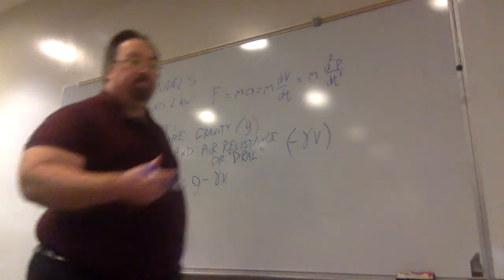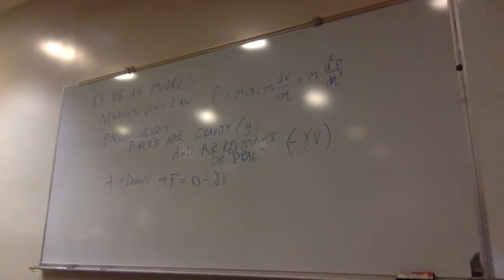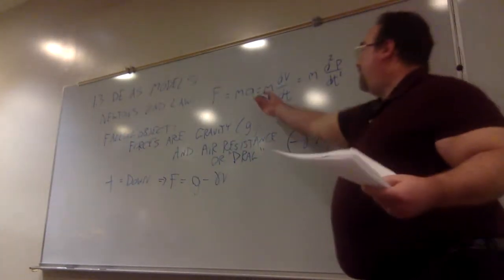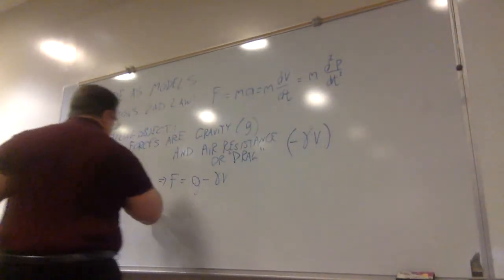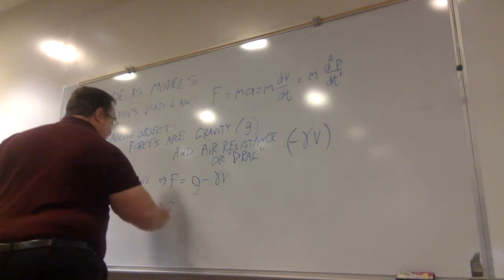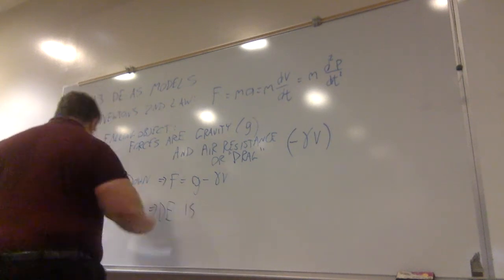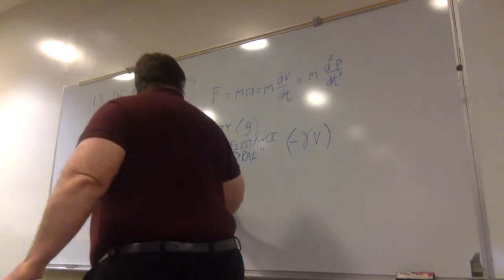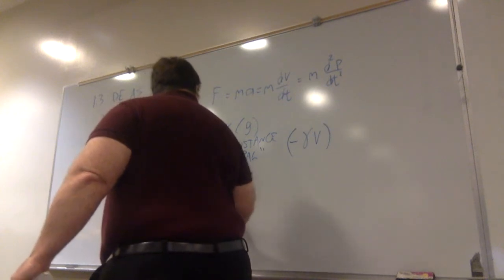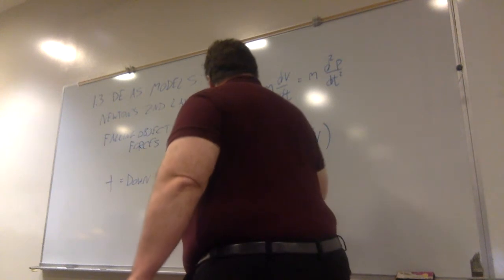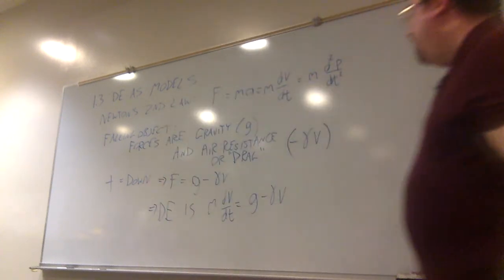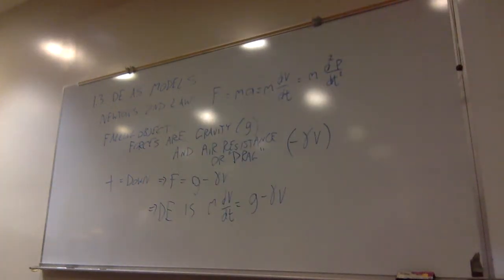But then, by Newton's second law, I'm just going to equate that to the other side, mass times acceleration. So my differential equation is going to be mass times derivative of velocity is equal to g minus gamma v. So we have a first order differential equation for modeling velocity, and then I can go ahead and solve that.